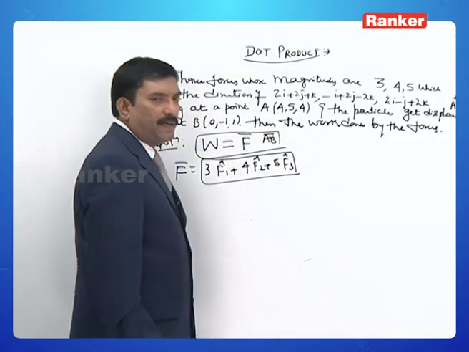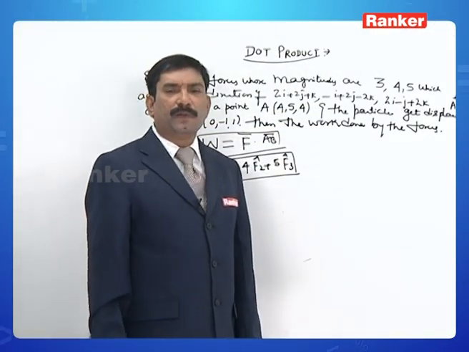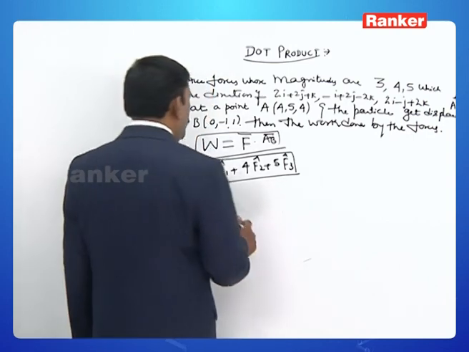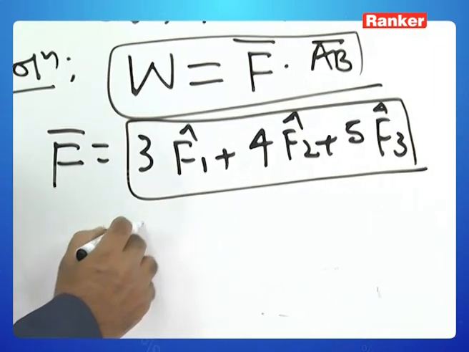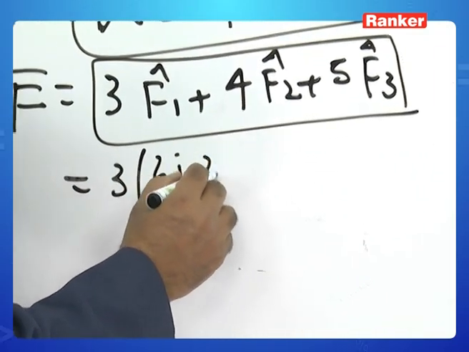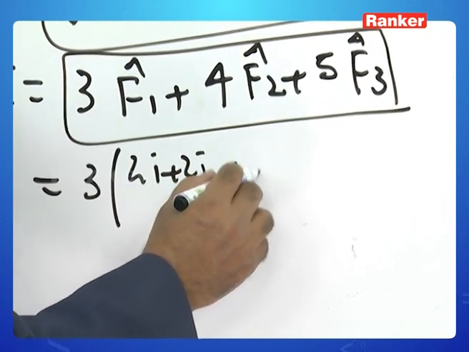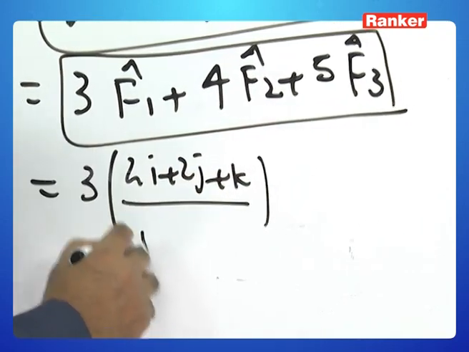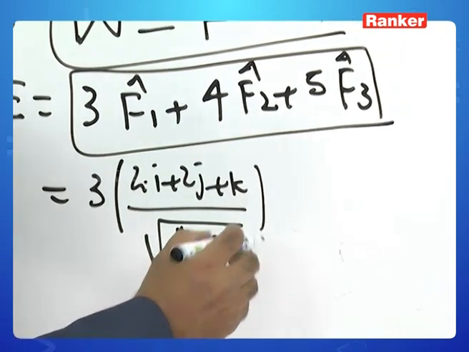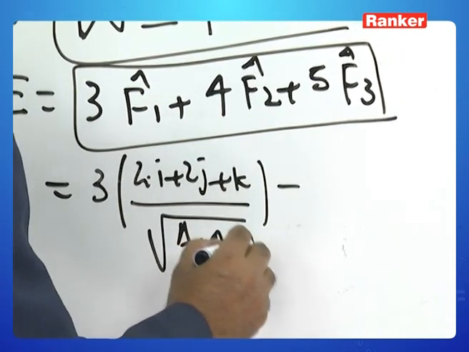3 into F1 cap, plus 4 into F2 cap, plus 5 into F3 cap. Now you substitute those values. 3 into (2i plus 2j plus k), the whole divided by square root of 4 plus 4 plus 1 plus 1.